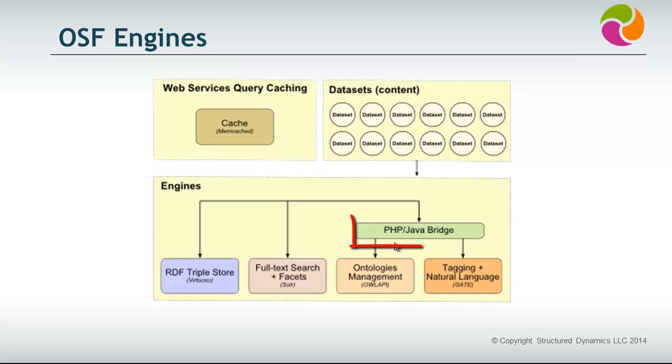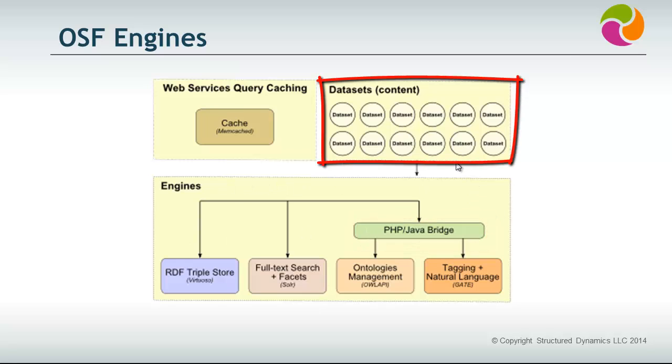Now, these latter two that I mentioned are written in Java. Since our systems up above are written in PHP, we also utilize the PHP Java bridge, which gives us the ability to, if you will, provide a uniform API access protocol to these four engines. Now, the engines are then interacted with by virtue of data sets.